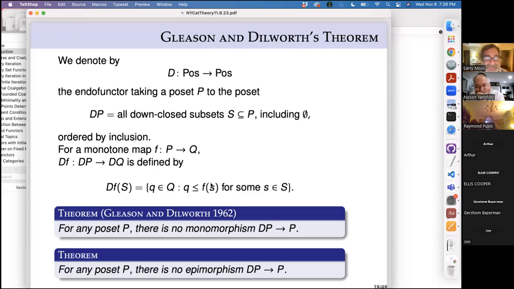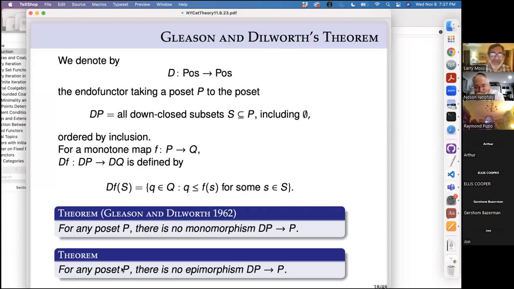And in '62, Gleason and Dilworth showed Cantor's theorem for posets, which is that for any poset, there's actually no monomorphism from DP to P. Remember, Cantor's theorem is that there's no epimorphism, no map surjecting onto it. So I modified Gleason and Dilworth's theorem to prove Cantor's theorem for the category of posets.